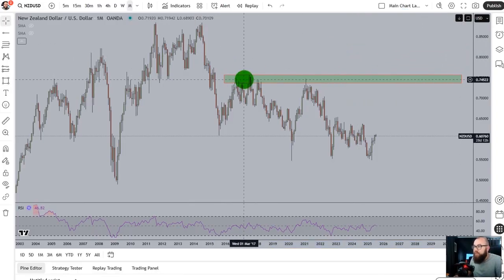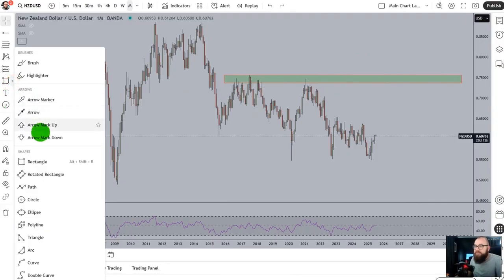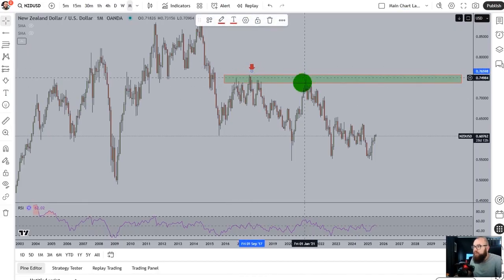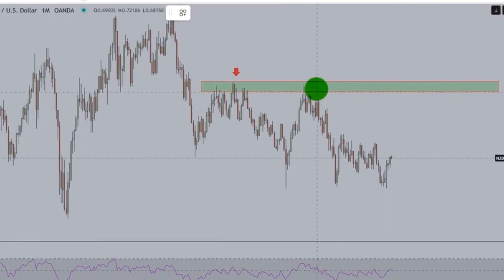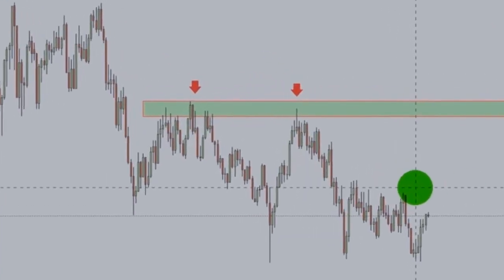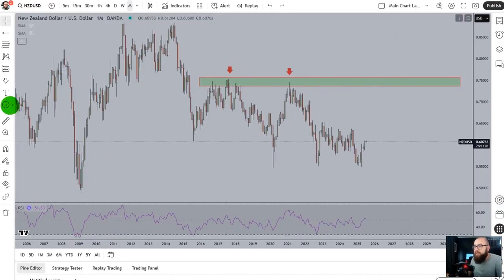of reversal. And what's really interesting here is we don't just have the reversal here, which we've identified. You can see that price actually reversed here again at resistance. So this is a horizontal resistance area. Since 2015, 2016, every time price has reached this area, it has reversed, and we can mark them.